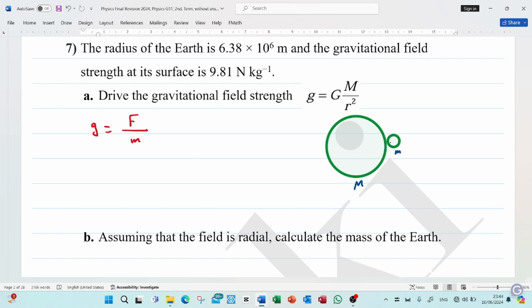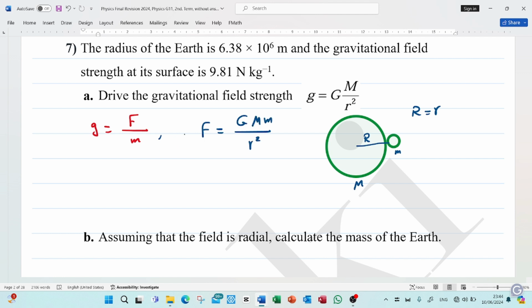And because it is on the surface, the distance is R capital. R capital now is r small because there is no height, on the surface. Now we need to derive the gravitational field. We said g equals F over m, but F is the gravitational force. It is G M capital M small over R squared.